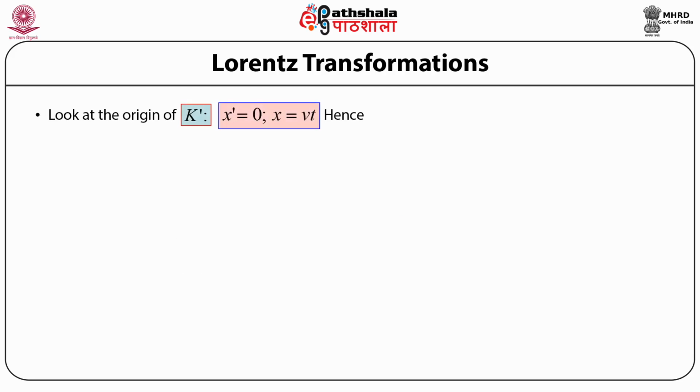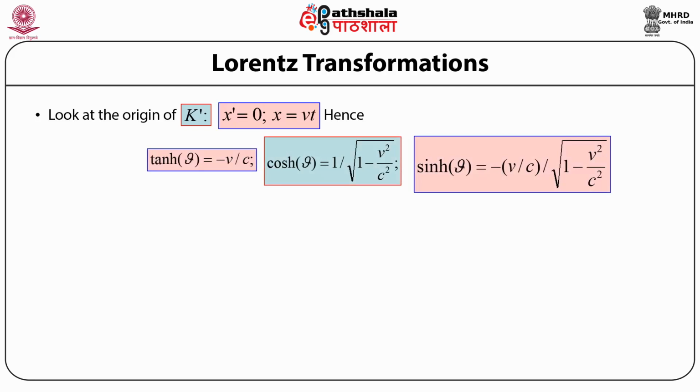Now let us look at the origin of the frame of reference K′. At the origin, the coordinate x′ is equal to 0, while in terms of the frame of reference K, the origin of K′ is at a distance x equal to vt, where v is the velocity with which the frame K′ is moving along the positive x-axis with respect to the frame K. Hence, from these two equations, we can write tanh(θ) is equal to −v/c, and cosh(θ) is equal to 1 upon the square root of 1 − v²/c².